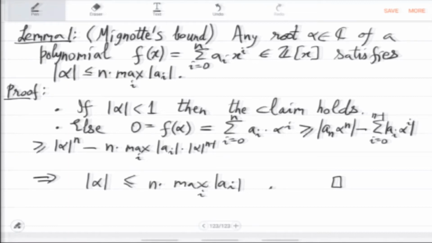So this means that the roots are small. Now from this you can talk about the factors. Factors will be small too. So that is lemma 2.